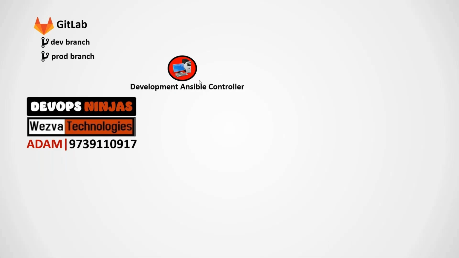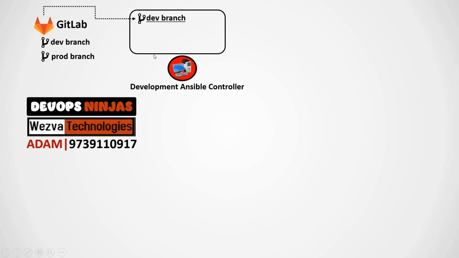Now, if your responsibility is to create a playbook for some OS patching, let's say, what you will do is first go to the development machine, clone your particular project, and then check out a particular branch, which is the dev branch, because this is the branch where you develop the code, test, break, and check whether it is proper.